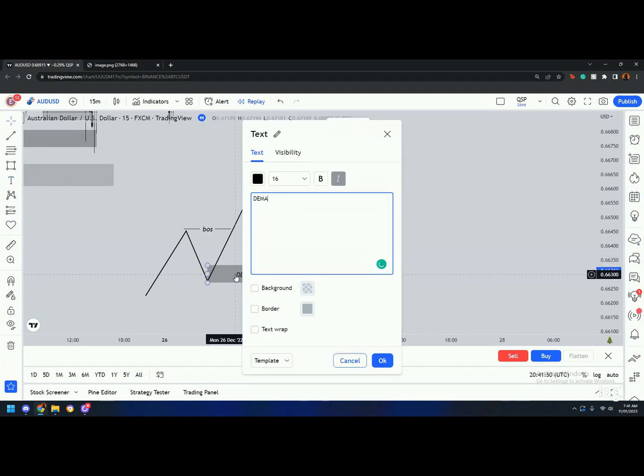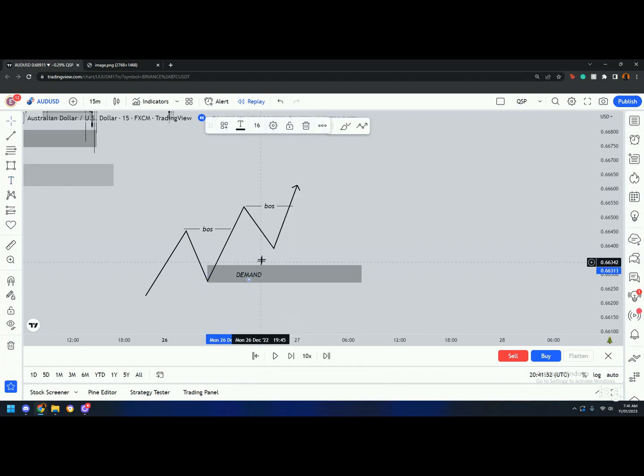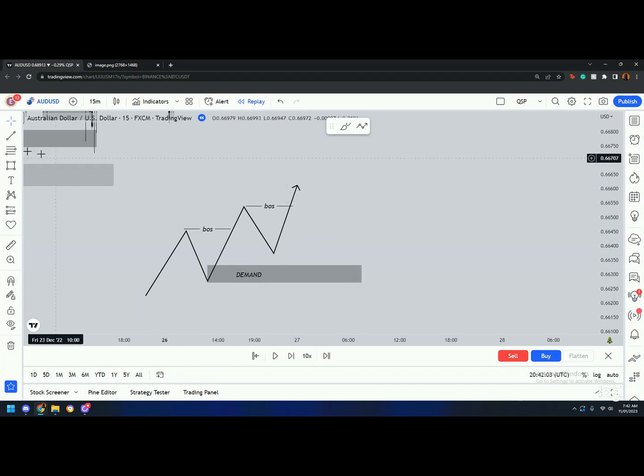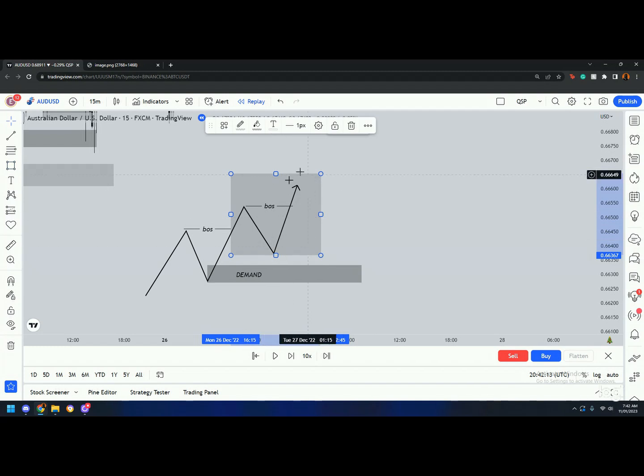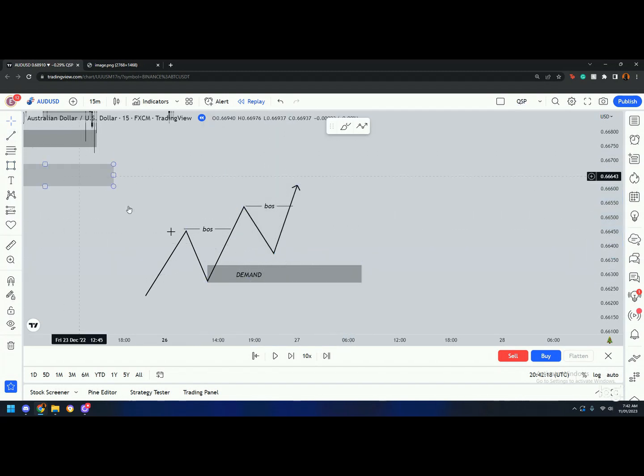Demand. If price came down here, then this is a valid breaker structure. But because it failed to mitigate this demand, let's say going up here, then this demand is super valid because of this whole structural break. It failed to mitigate this demand, making this whole thing liquidity.